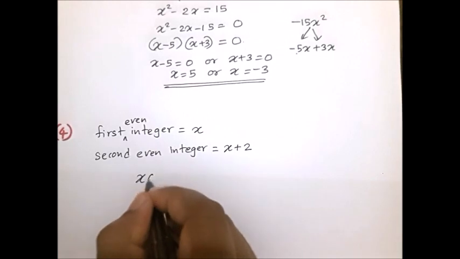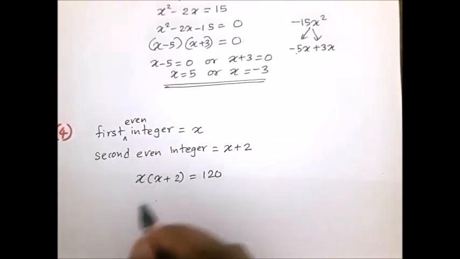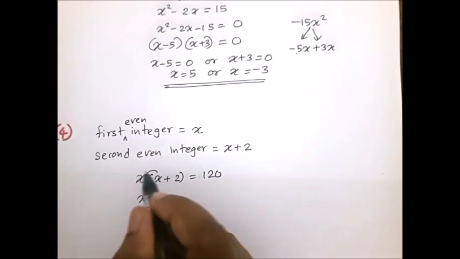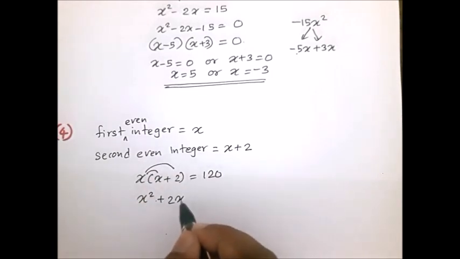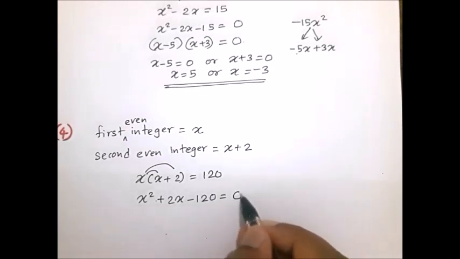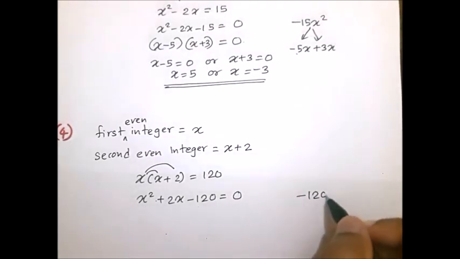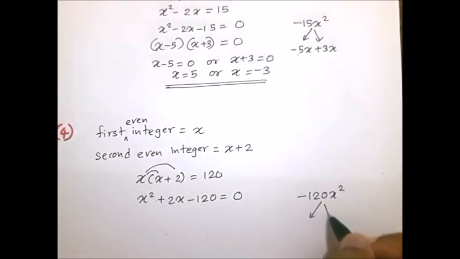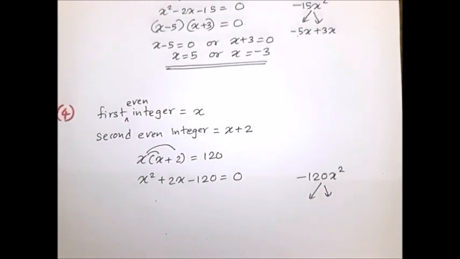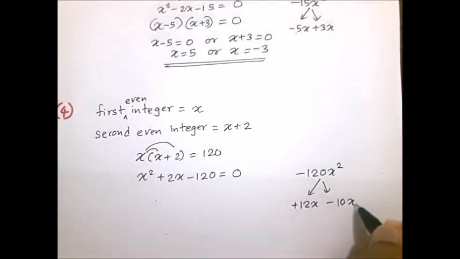The question says the product of these two is equal to 120. So remove brackets: x to the power 2 plus 2x, and take minus 120 to this side. Now this is a quadratic equation. So factorize, first multiply the first term and last term. Separate into two terms. The two terms are plus 12x and minus 10x.